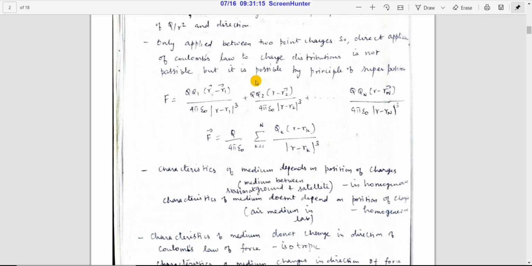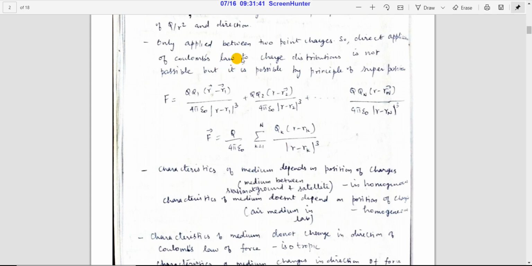So if you want to go for other charge densities, you have to consider that as a point charge, or consider it as an electric field, or consider it as charge densities. After that only you can apply Coulomb's law.